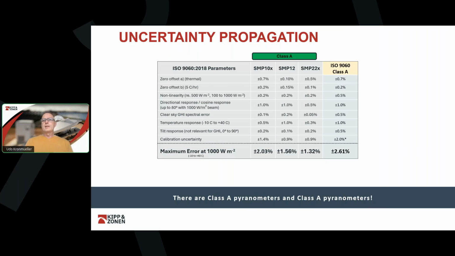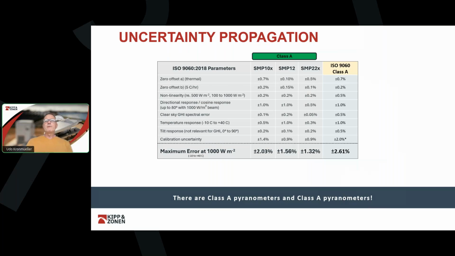But second, there is a significant performance gap even between the class A pyranometers, depending on their design and calibration efforts. In other words, there are better pyranometers and even better instruments within the class A specification, and that could also be used for performance ratio calculation optimization.